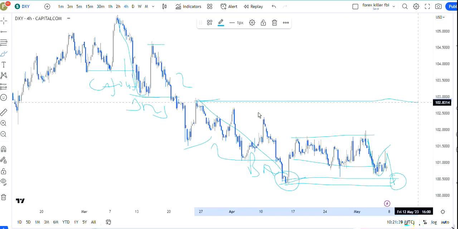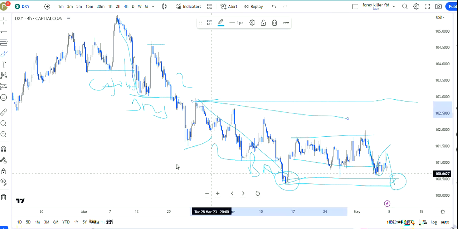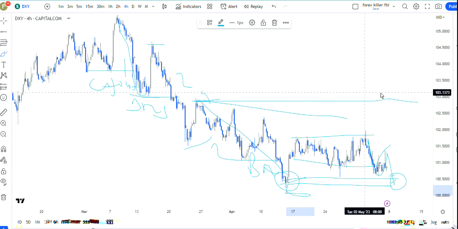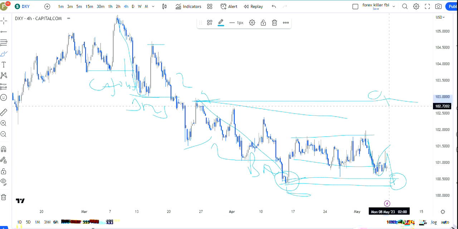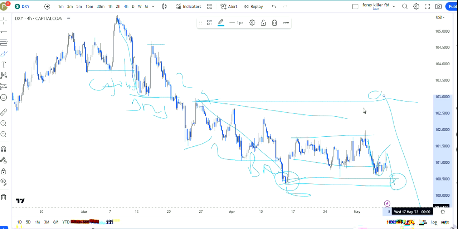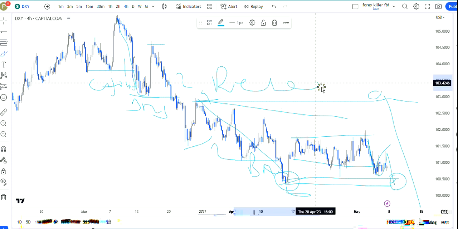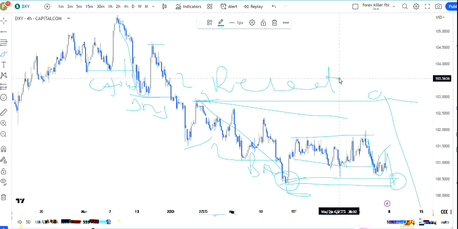So this will be A, this is B, and this will be C, then the market will be going downward. This is what we call a reset. I think you get me.